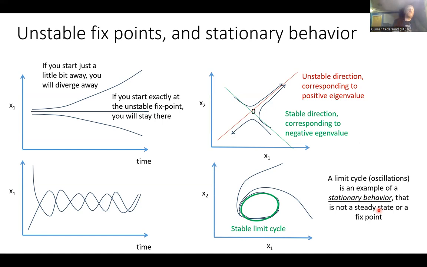And this stationary behavior can, for instance, be a limit cycle. So these are some of the initial concepts that we have needed to understand more advanced concepts that we will move on to in the next two videos.